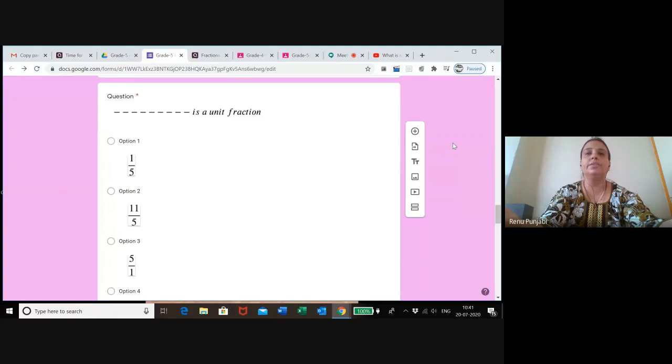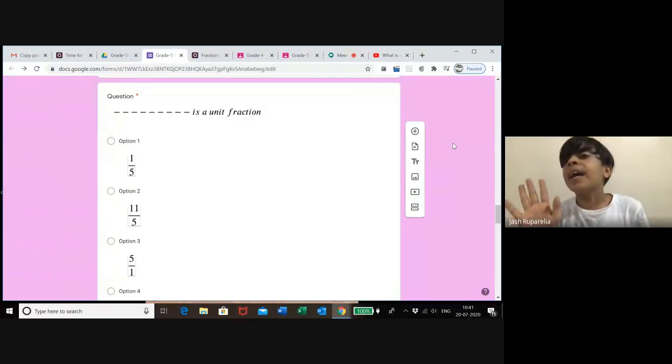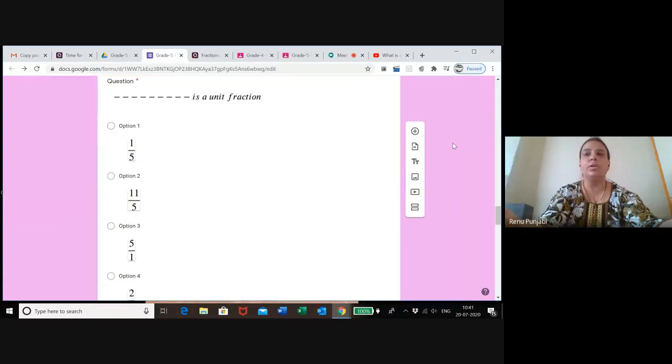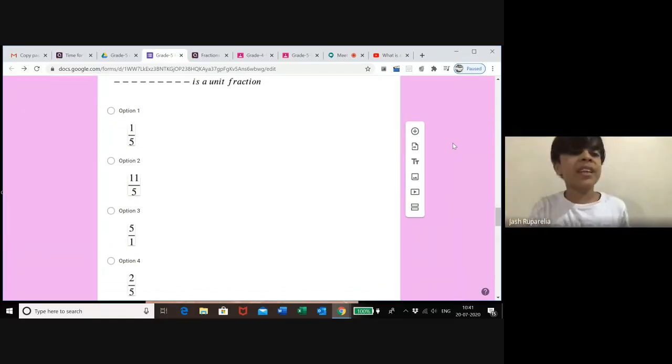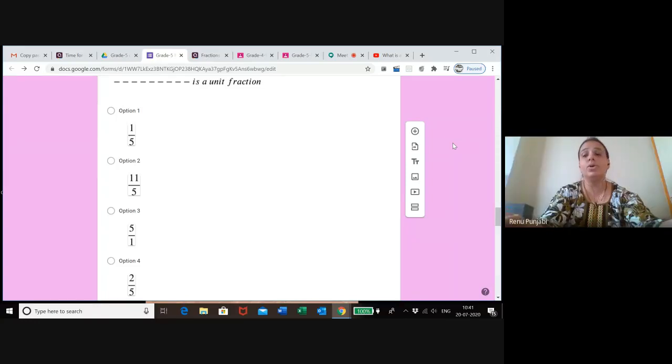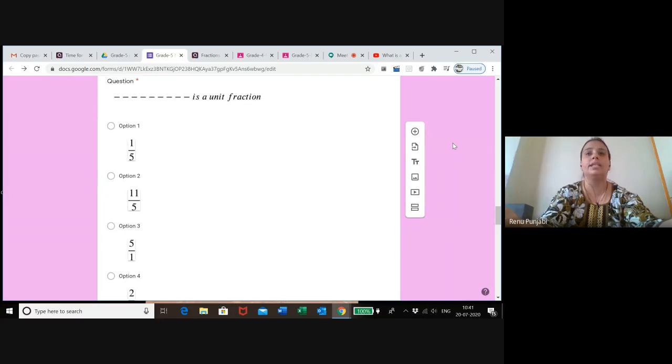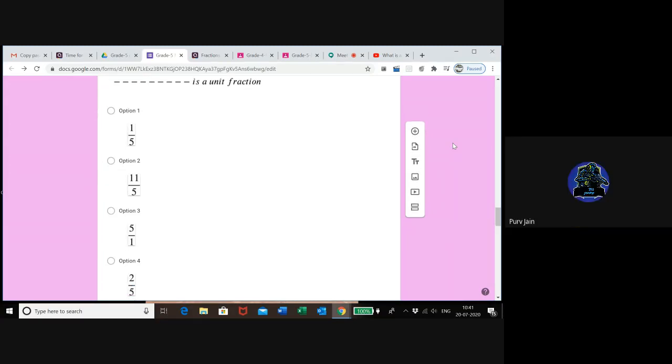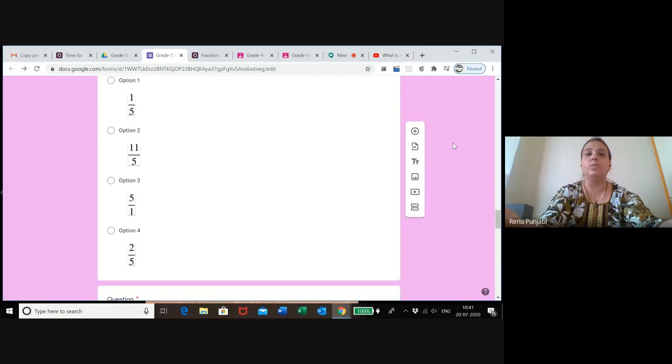Purv was facing difficulty in this: dash is a unit fraction. There are many fractions, and a unit fraction has 1 at the top. So 1 upon 5 will be the answer, because in a unit fraction you get the numerator as 1.